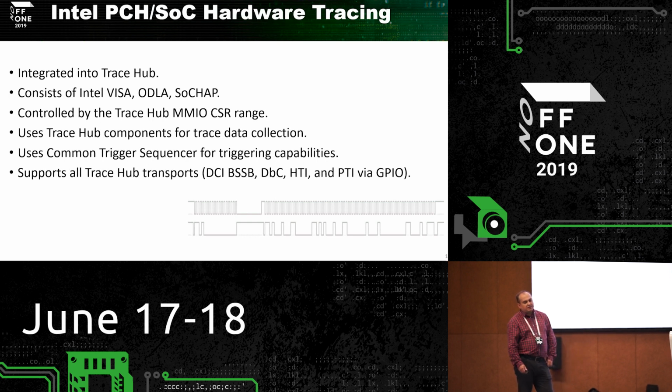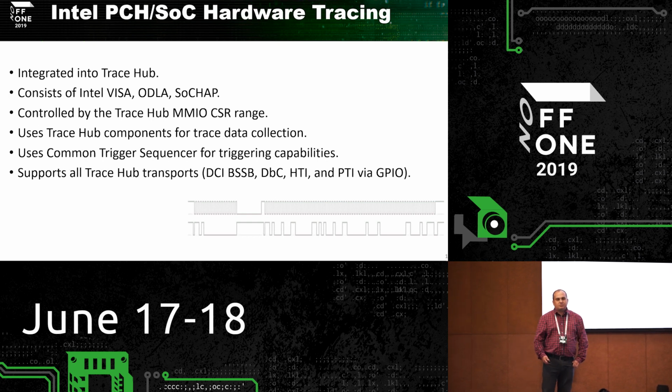All these components, which can be attributed to hardware tracing, as Maxim said, Trace Hub is meant to solve the problem of accumulating all the diagnostic tracing information in the platform in one location. And hardware tracing, when you get the values and dynamics of hardware signals, is a part of the Trace Hub. All three components are fully managed from the menu of managing registers within the Trace Hub.